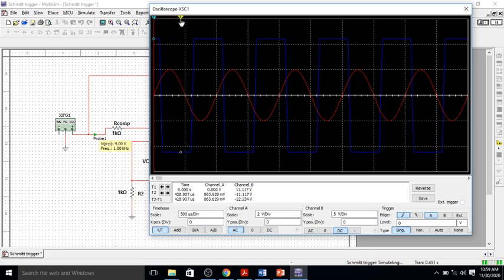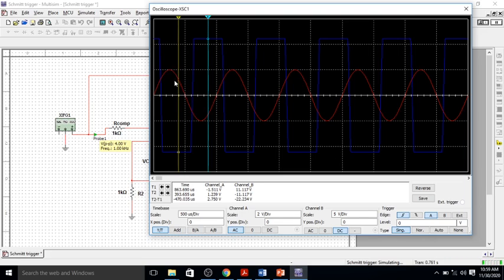You can measure the amplitude of output voltage by dragging the cursor to plus V saturation and minus V saturation. Here we will get 22.23 peak to peak value, 11.11 positive V saturation, and minus 11.11 is negative V saturation.